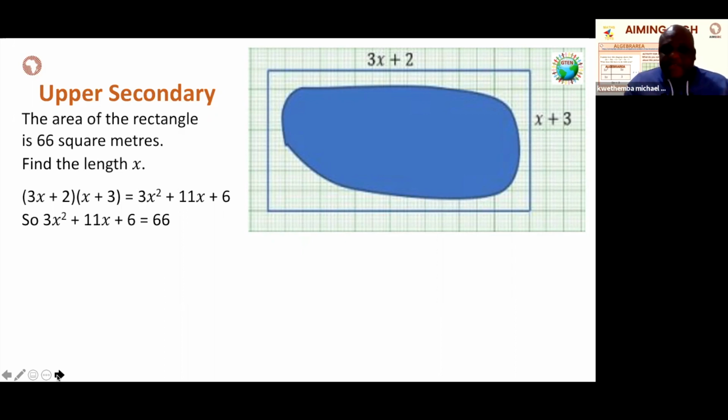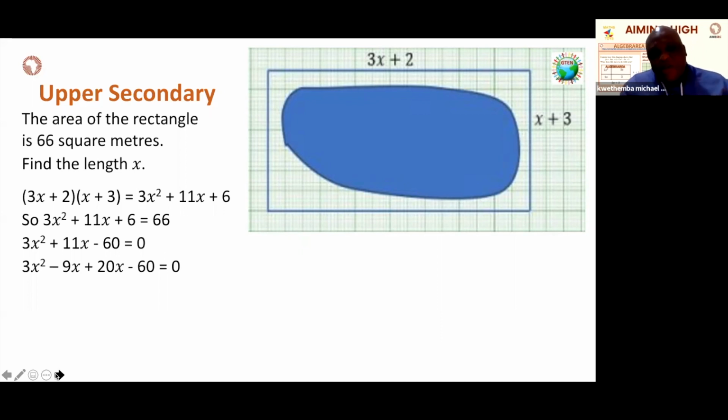Once they equate and expand these brackets, as we discussed in the previous slide, we get 3x squared plus 11x plus 6 equal to 66. How do we find x? Because our task is to find the value of x here. See what is happening in the next step. We find ourselves having 3x squared plus 11x minus 60 equal to 0.